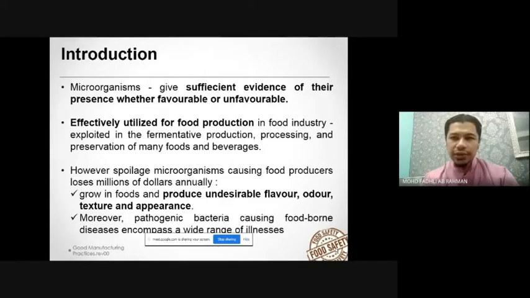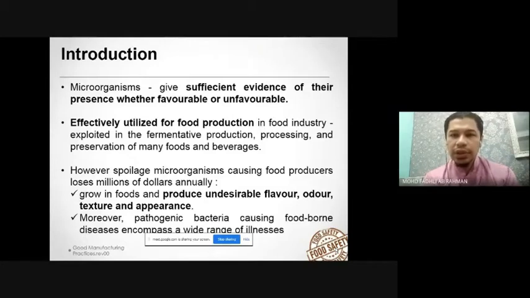So as introduction, we have discussed earlier last week. Microorganisms give sufficient evidence of their presence, whether favorable or unfavorable, whether desirable or undesirable, whether the microorganism gives benefits or is harmful to our health.